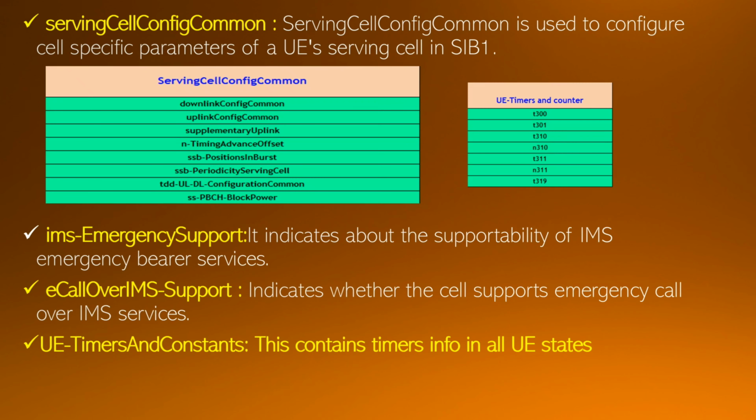Now if you see the serving cell config common, it is basically used for the cell-specific parameters of a serving cell in SIB1. In the table below we can see the parameters contained in serving cell config common: downlink config common, uplink config common, supplementary uplink, timing advance offset, SSB position in burst, SSB periodicity serving cell, TDD UL-DL configuration common, and SS PBCH block power.